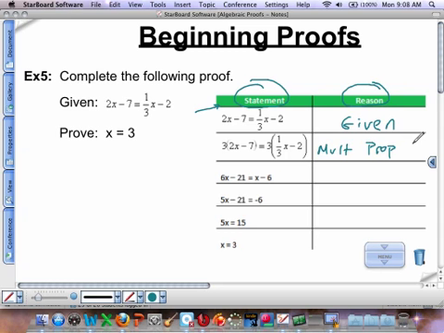Line 3, what have I done? Now on line 3, I've distributed the 3 into those parentheses. So line 3 is actually the distributive property. A lot of times what you guys will see is that setup where you're multiplying first and then you distribute.